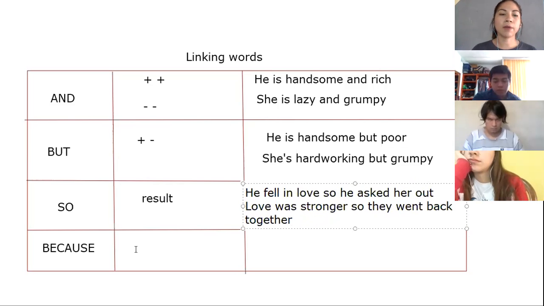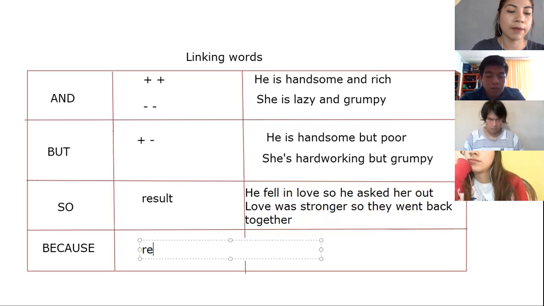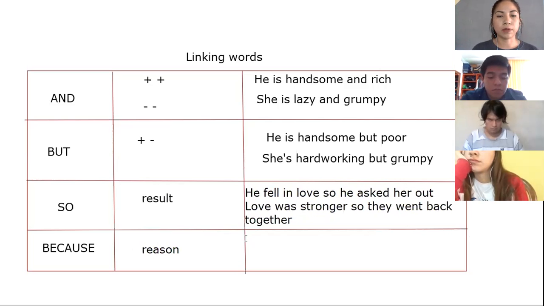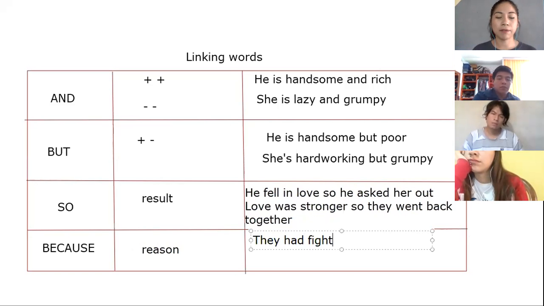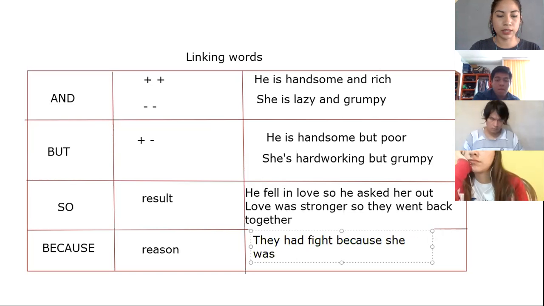And we have because when you have the reason, okay? For example, they fought, they had a fight. Tuvieron una discusión, they had a fight because she was always late.